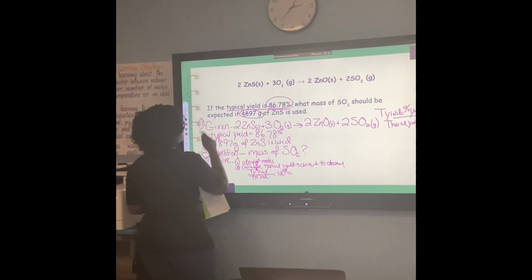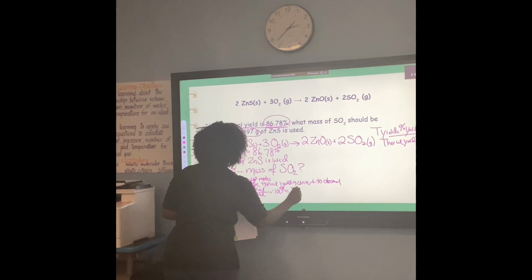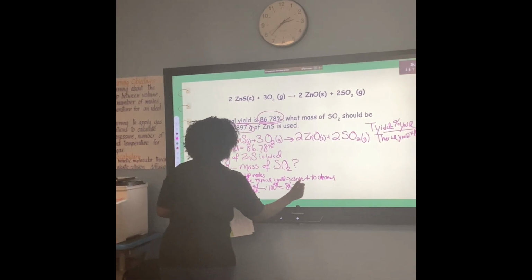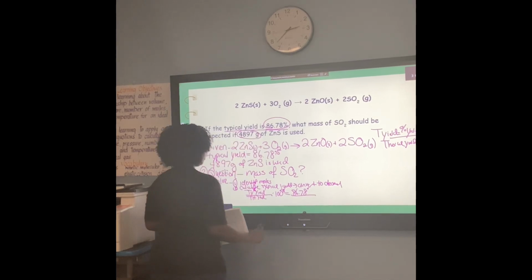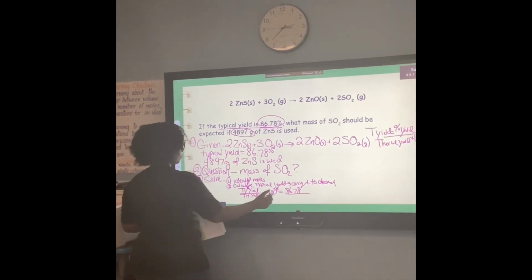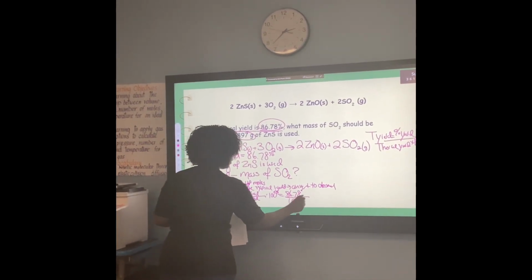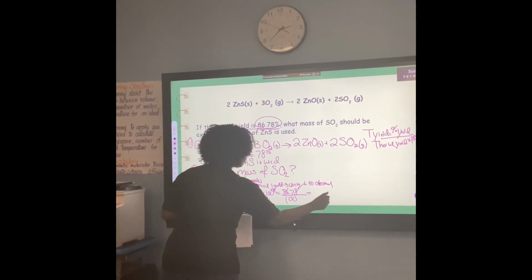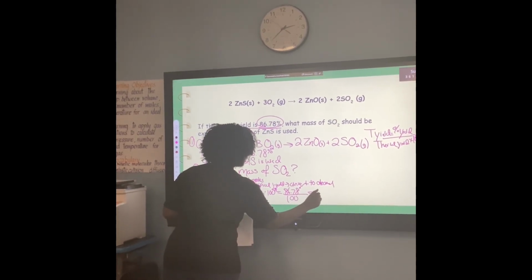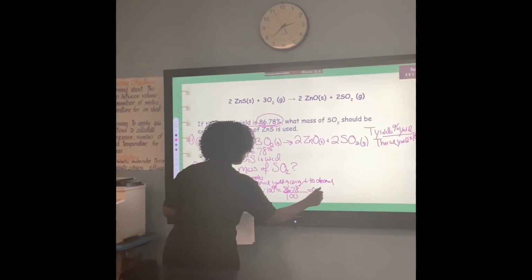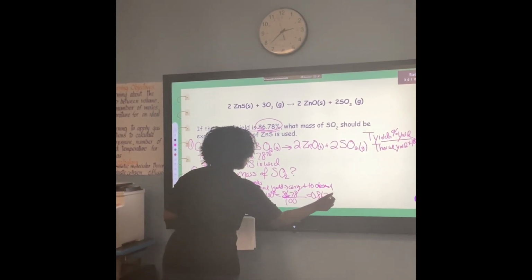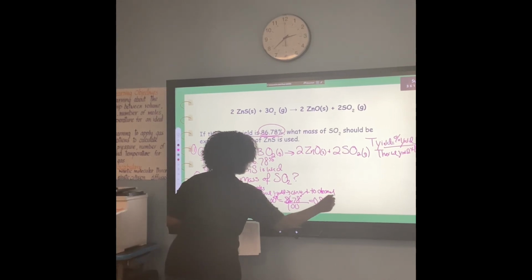And so the typical yield is given, which is 86.78 over 100, which will give us 0.8678. So we move our decimal place 2 to the left.